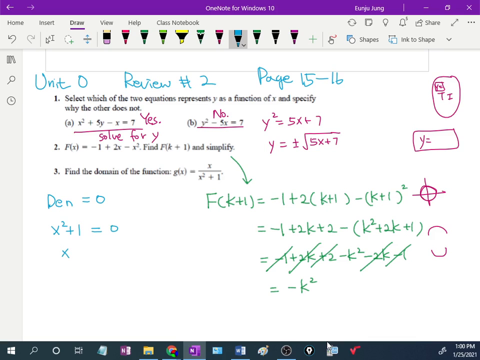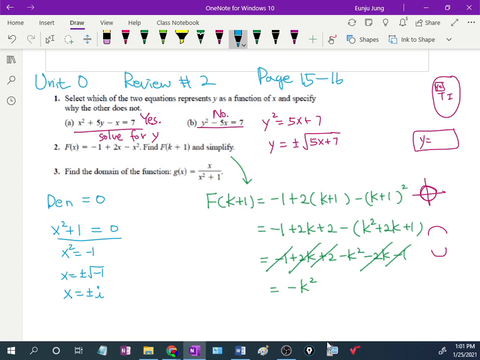Would you like to solve it? Is there any number in the real number system making negative 1 when you square it? x will be plus or minus the square root of negative 1, which is an imaginary number, right?